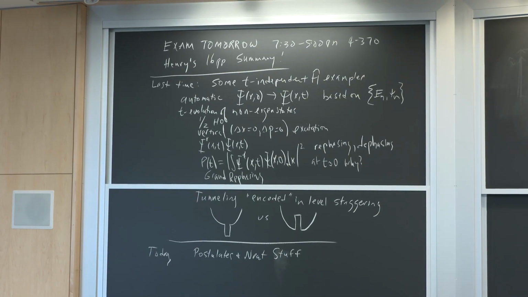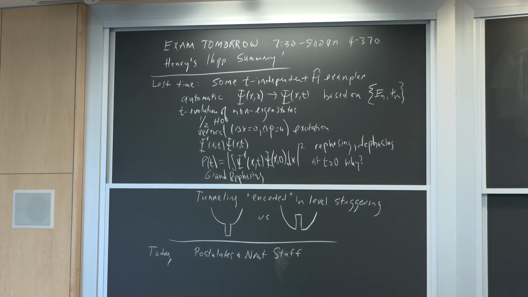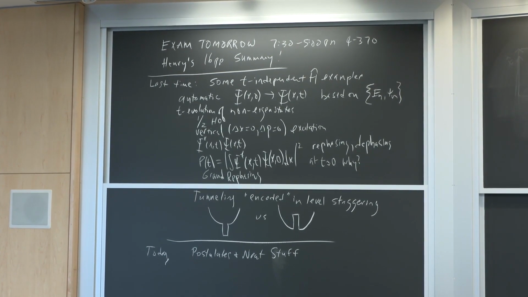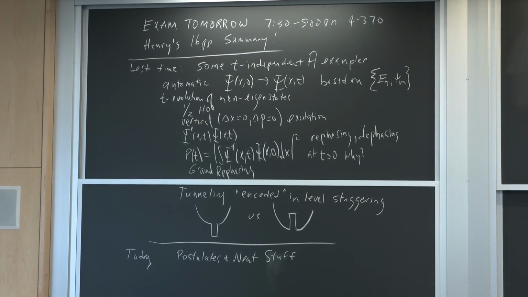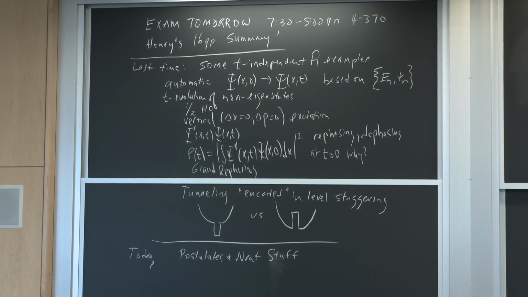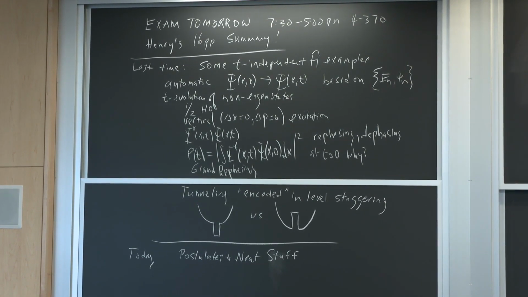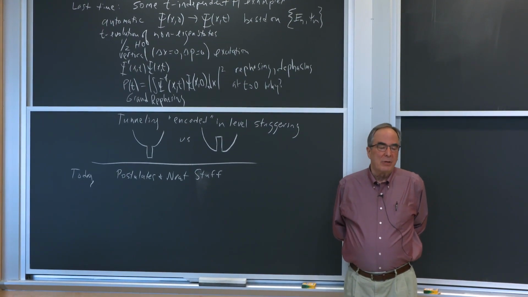Okay, so last time we talked about some time-independent Hamiltonian examples, and two that I like are the half harmonic oscillator and the vertical excitation, the Franck-Condon excitation.